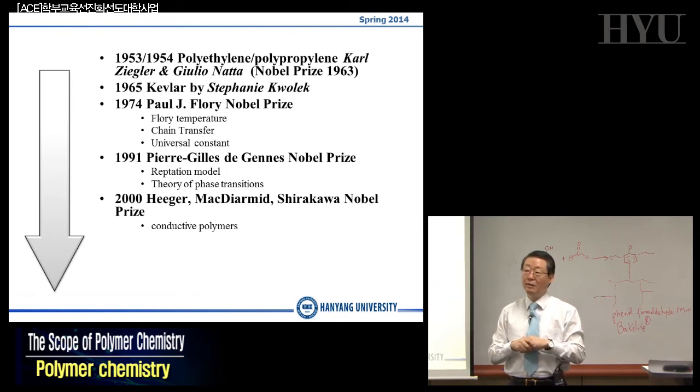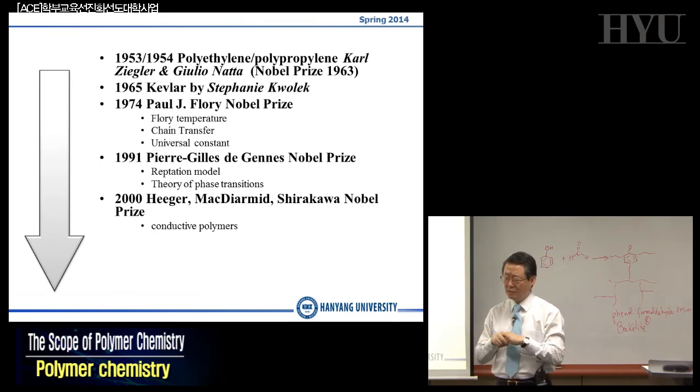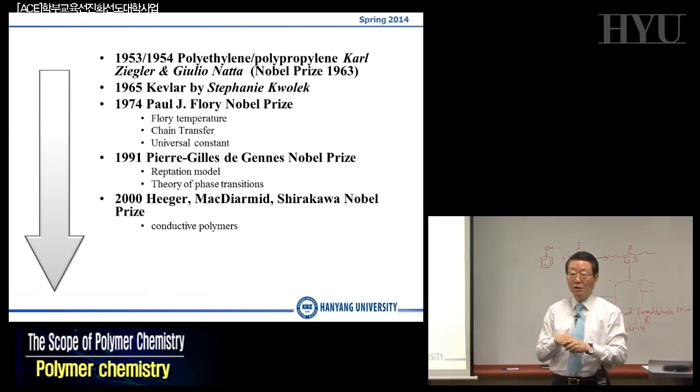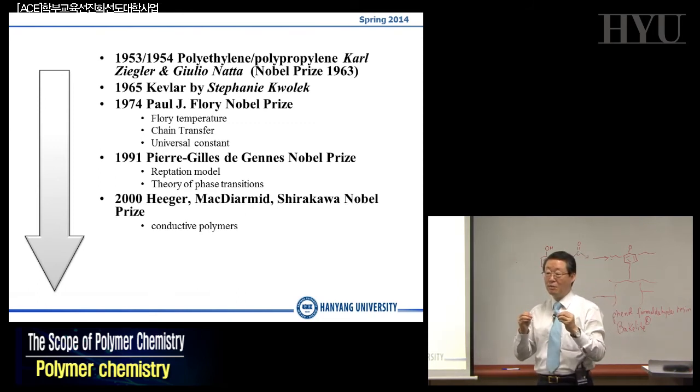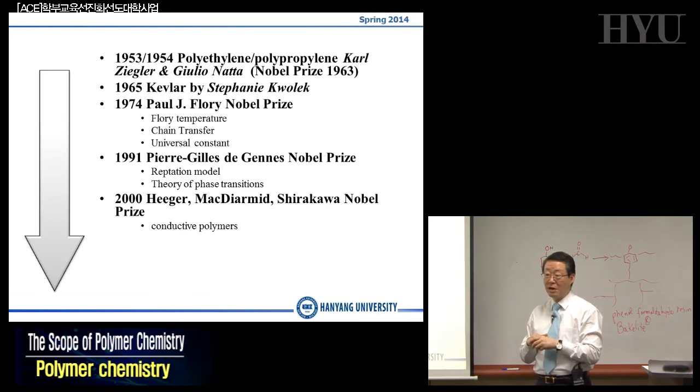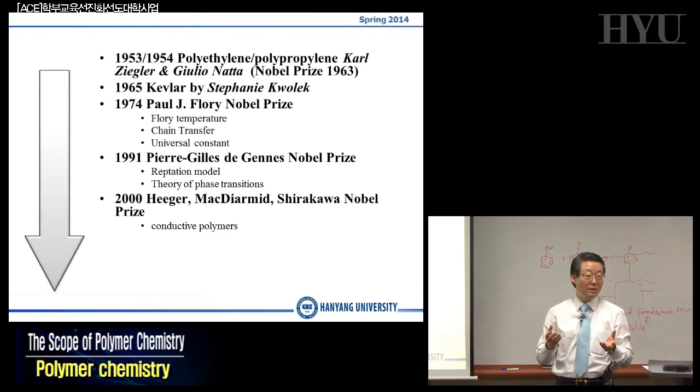So when they made this polyacetylene and added an acid such as HCl, hydrogen chloride, it started to become electrically conductive. But this experiment was mistakenly conducted at the time, and they were not intending to make a conductive polymer.